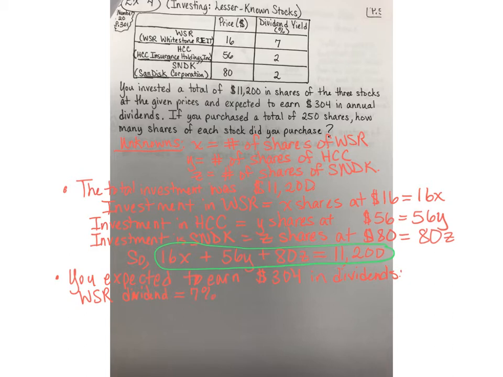We got that from our table. From here, we have our 7% of our 16x, which was invested, which means mathematically that's equal to 0.07 times 16x. Multiply those two, you get 1.12x.